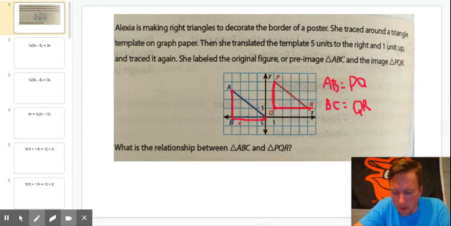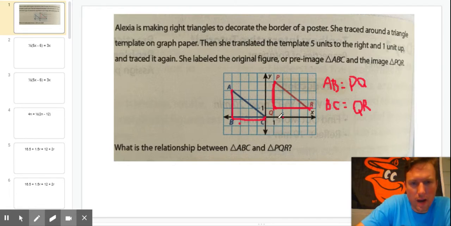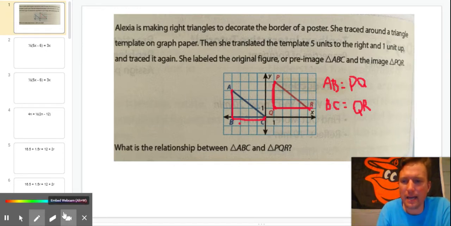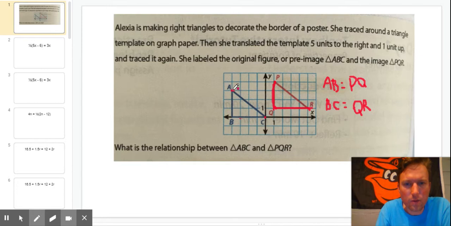Excellent. Which segment in triangle PQR do you think has the same length as AC? If we look over on this triangle, AC would be right here. So what segment in this triangle would have that same length?